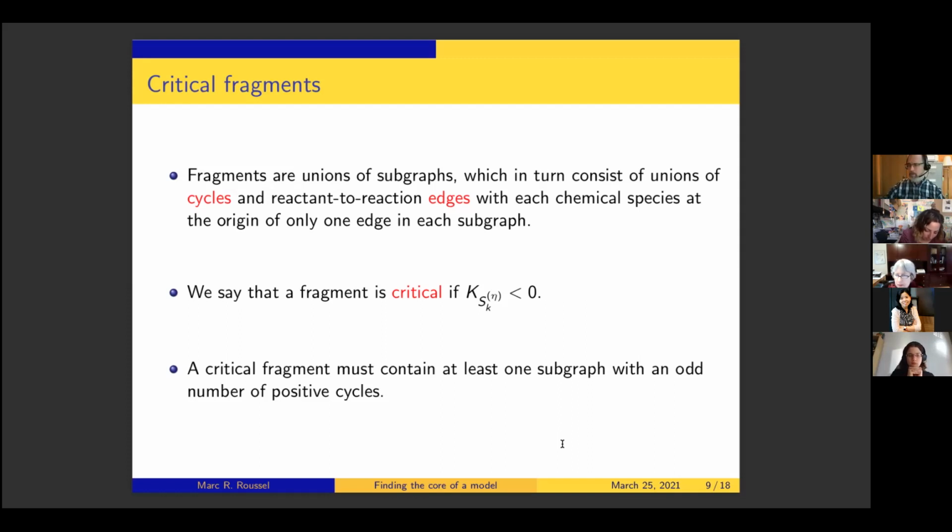But there's also things called negative paths that show up in these, and a negative path encodes a co-reactant relationship. So you can have those in your cycles, and as long as you have an even number of these negative paths, you still have a positive cycle.